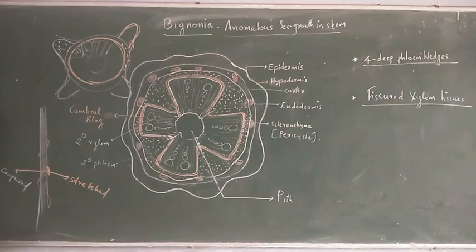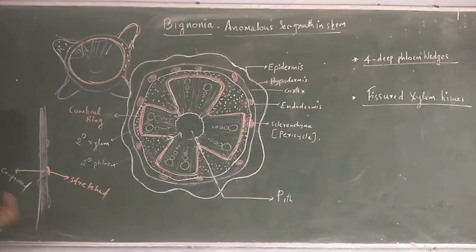So this will happen when the bignonia stem climbs by twining around the substratum, by twining around any kind of stem. So the inner part of this climbing stem gets compressed and the outer part gets stretched.